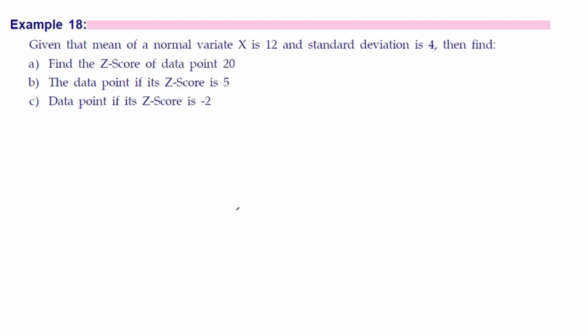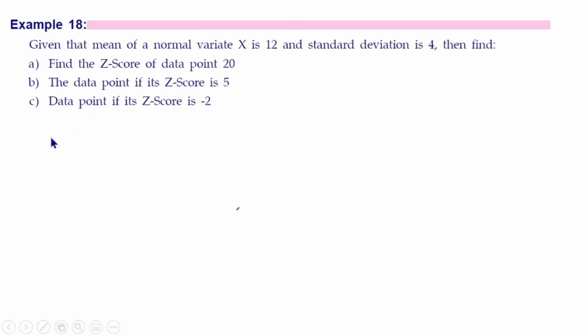Now we will solve some problems using z-score and how we can use the z tables and all that. Given that the mean of a normal variate x is 12 and the standard deviation is 4, find the z-score of data point 20. Second subdivision, the data point if the z-score is 5.